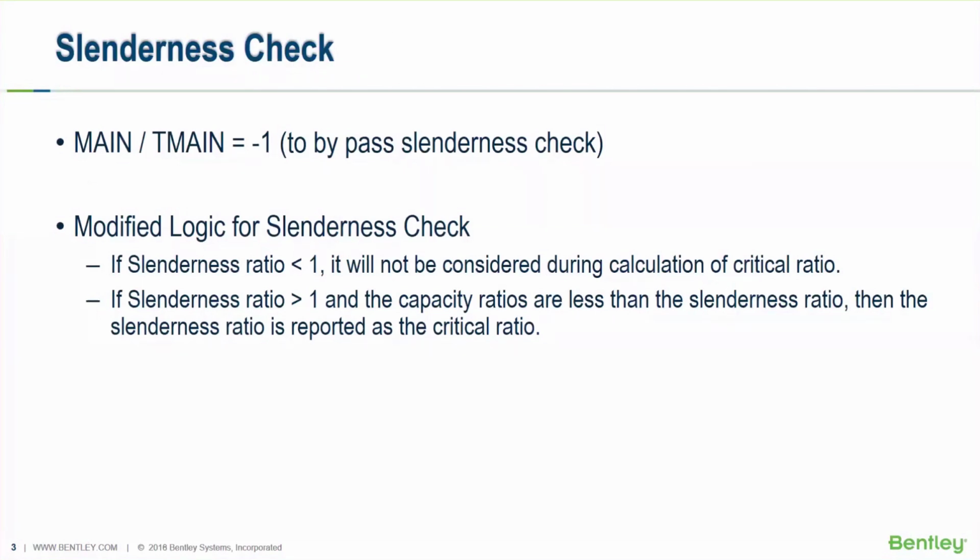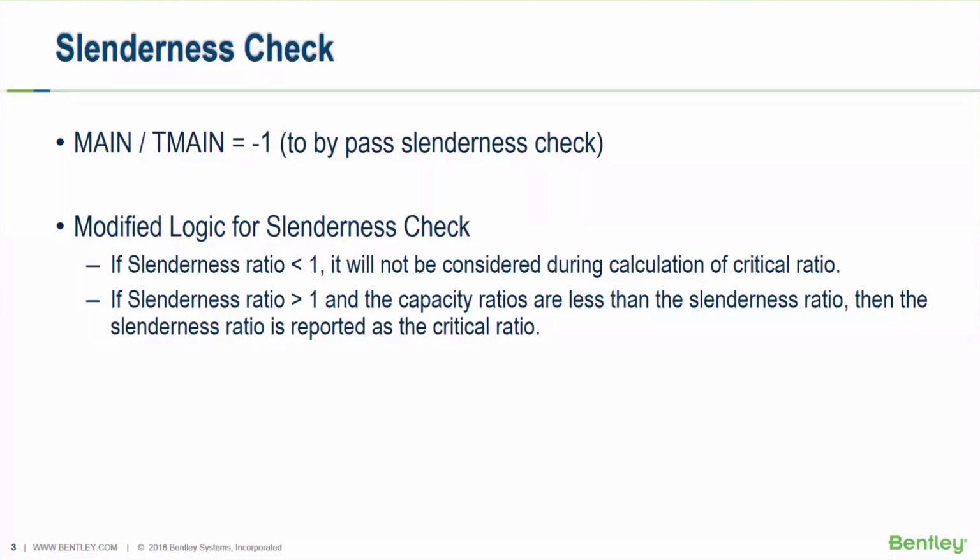So till that version, which is, as I said, 50, what was happening is that the slenderness ratio which we get after the slenderness check was also considered into the overall critical ratio.